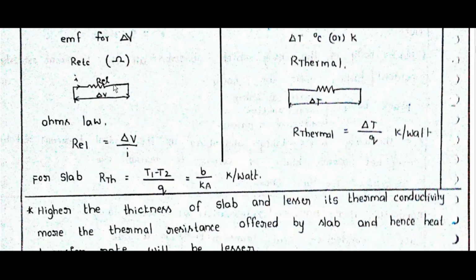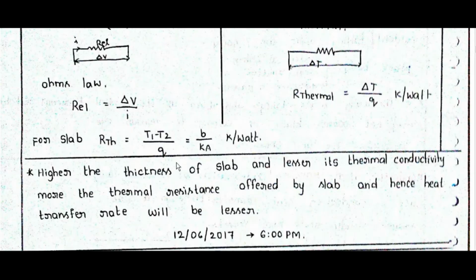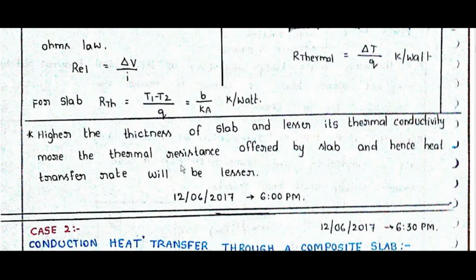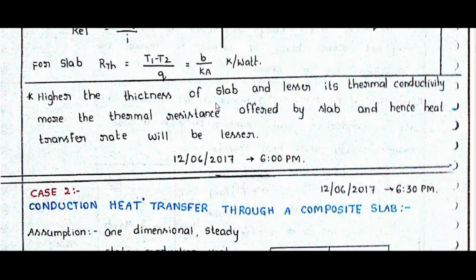I flows due to delta V, and Q flows due to delta T. Ohm's law: R electrical is equal to delta V by I. R thermal is equal to delta T by Q. For a slab, R_th is equal to (T1 minus T2) by Q, which is equal to b by K A Kelvin per watt. The higher the thickness of the slab and the lesser its thermal conductivity, the more the thermal resistance offered by the slab, and hence the heat transfer rate will be lesser.